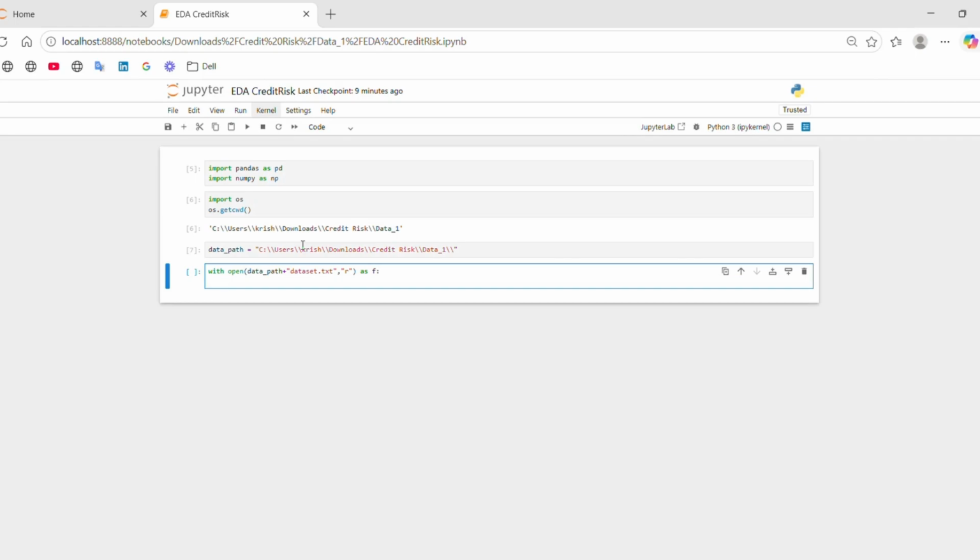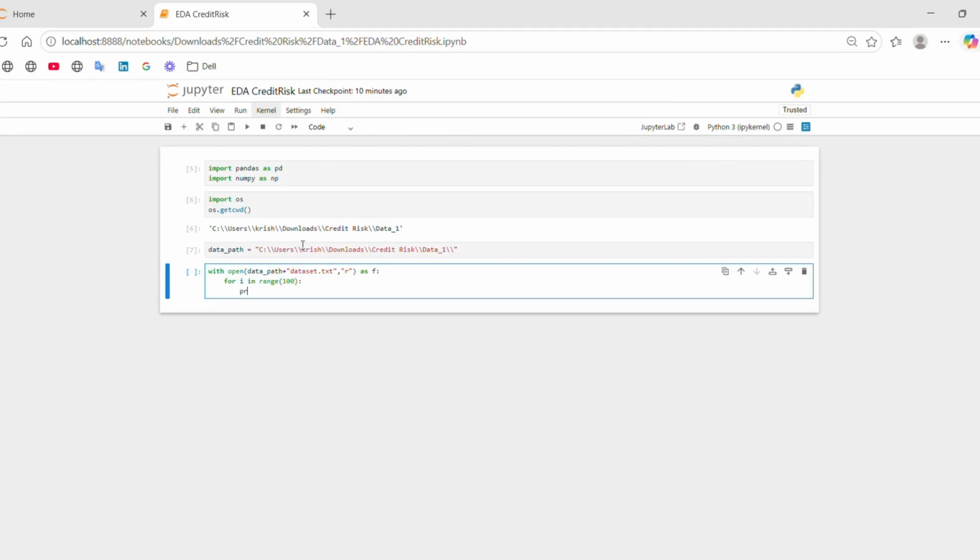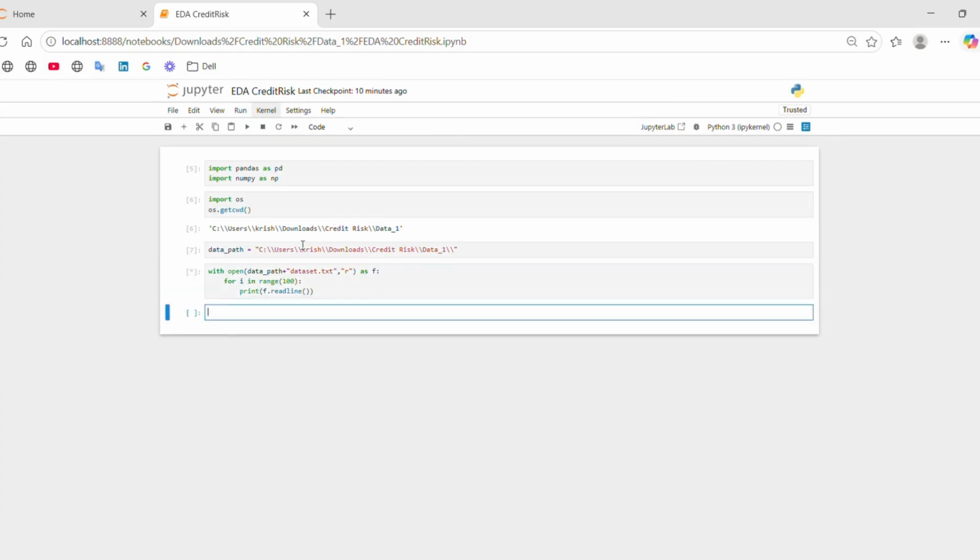And once this command reads the file, I want to see a few lines of how my data set looks like. So for this I'll do the for loop, and I'll then print those lines. f.readline.